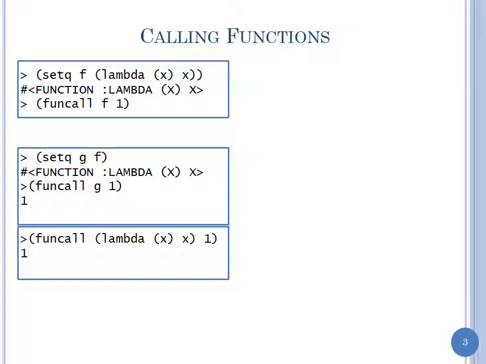So what I'm doing in the second example is that g has not been assigned a lambda expression, right? g has been assigned f. So g evaluates to a lambda expression. It has not been assigned a lambda expression. Okay?